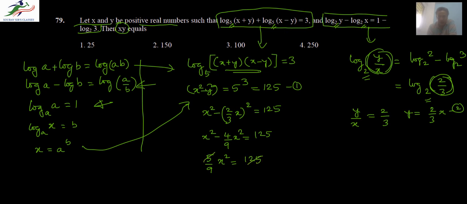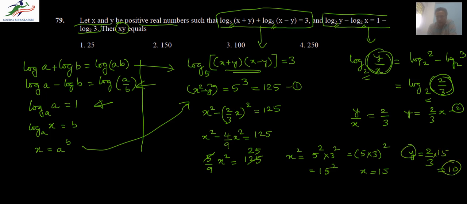So 5 cancels with 125 to give 25. So x square is equal to 25 into 9, which is 5 square into 3 square, equal to 5 into 3 whole square, which means 15 square. So therefore x is equal to 15 and y is equal to 2/3 of 15, which is equal to 10. Y is 10, x is 15.